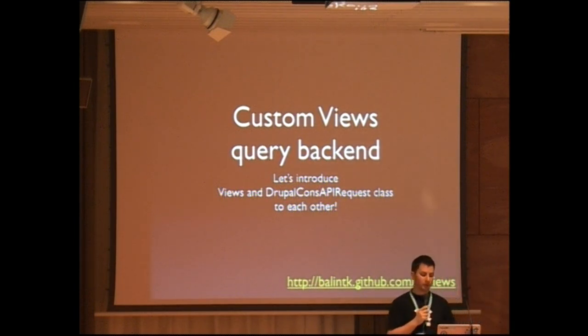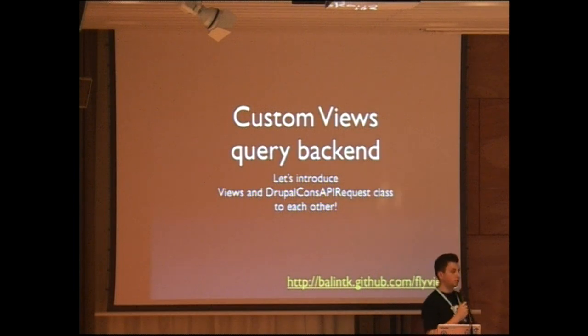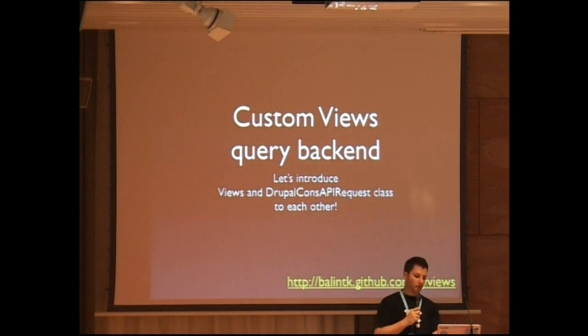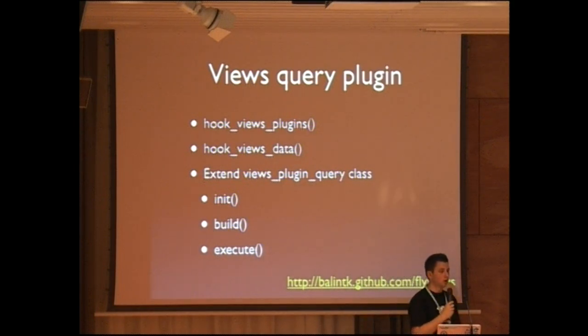So the idea here is, let's teach Views how to build our request. If we add a filter, for example, that's going to be an argument in our request. So let's tell Views how to do these requests. First of all, we need a Views query plugin. The standard Views is a MySQL query builder.